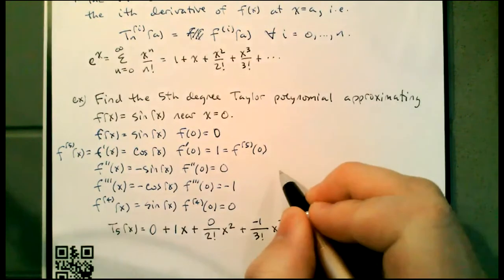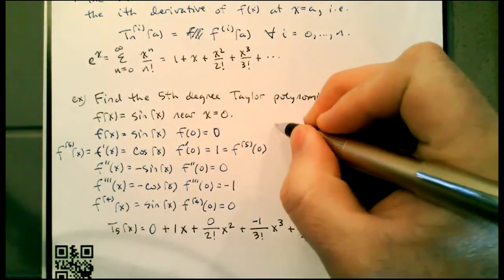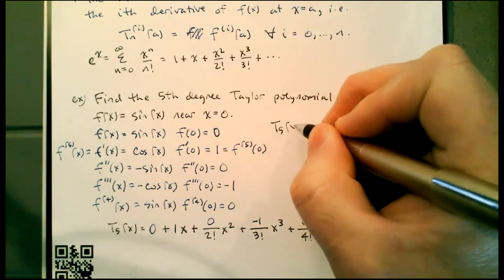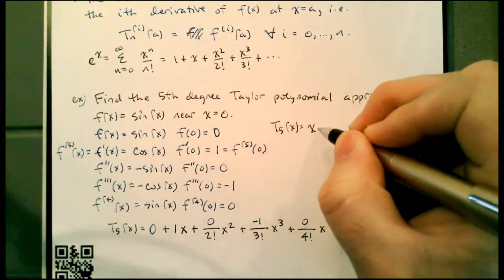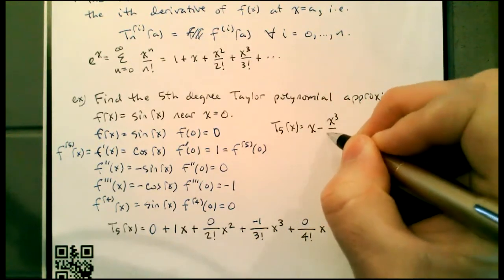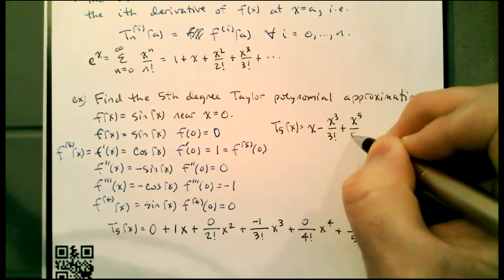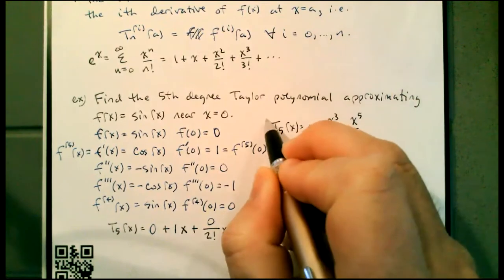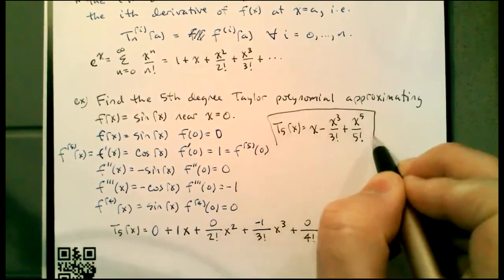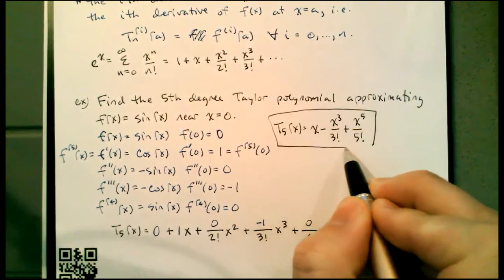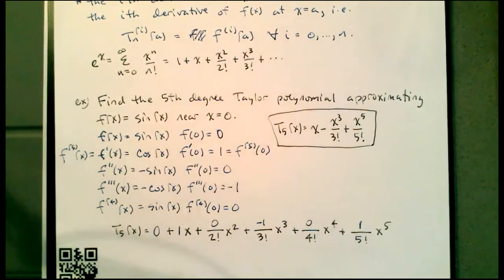There's our fifth degree Taylor polynomial. So T5 of x will be x minus x cubed over 3 factorial plus x to the fifth over 5 factorial. This is really cool. I got a polynomial and it only has odd powers, and sine is an odd function. So that kind of worked out pretty cool.